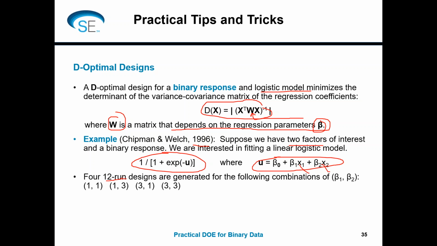They built a bunch of 12-run designs for several combinations of the regression coefficients: beta 1 and beta 2 both being 1, 1 and 3, 3 and 1, 3 and 3, and so on.